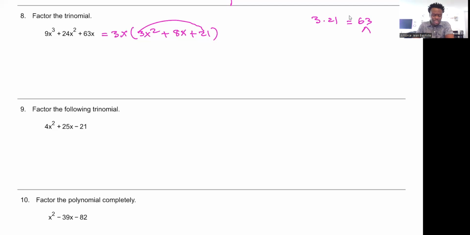Now we know that it's likely not to be possible, because you can always check for the other factors, but it's clear that you will never have factors of this that the sum is 8.